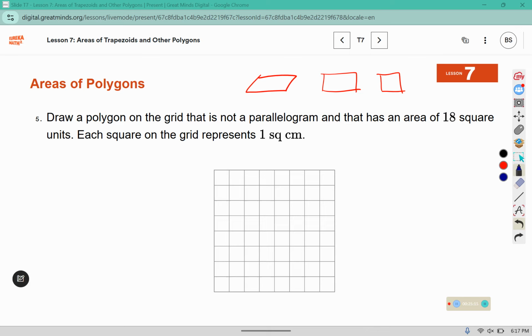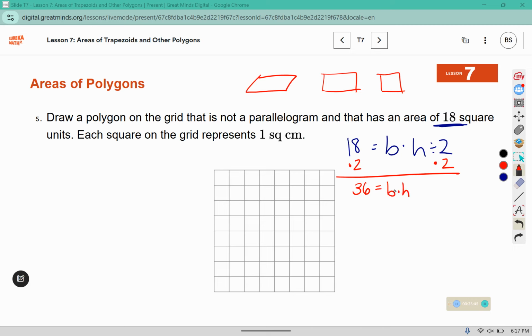If I drew a triangle, the formula is base times height divided by 2. This is saying the area is 18. To undo dividing by 2, I can multiply by 2. So that says 18 times 2 is 36. And that leaves me with the base times the height.